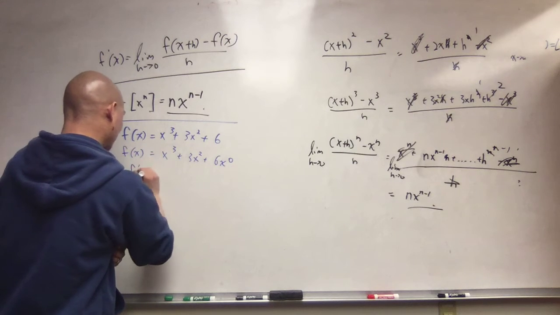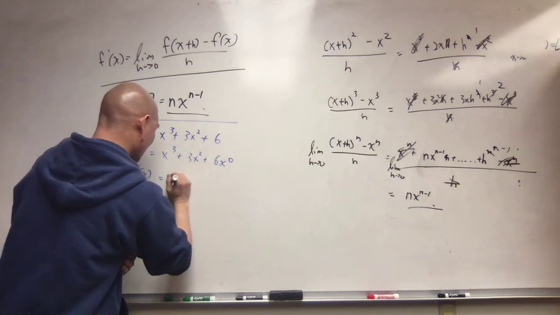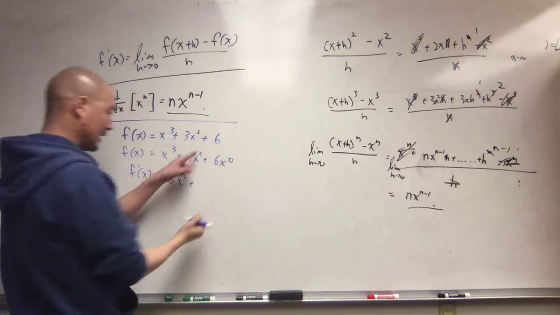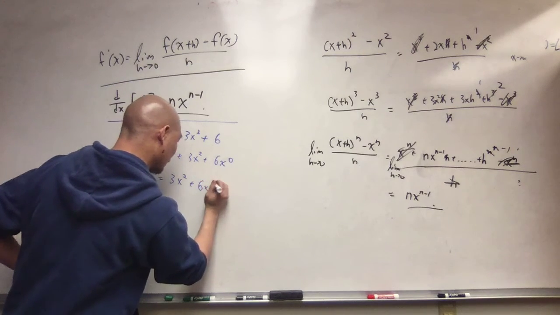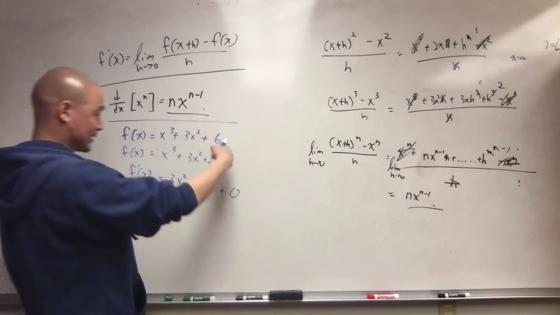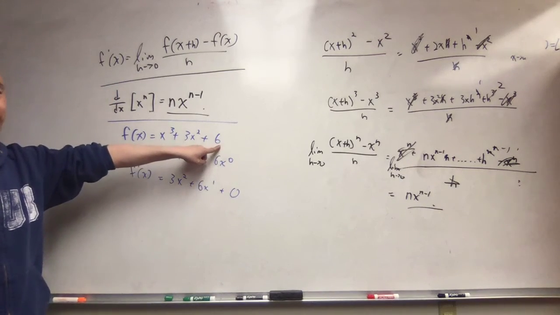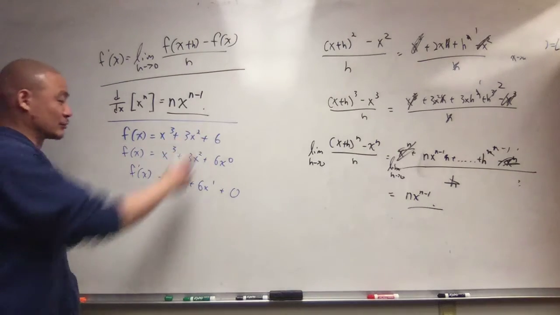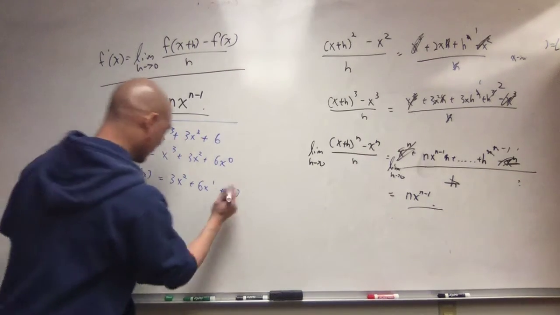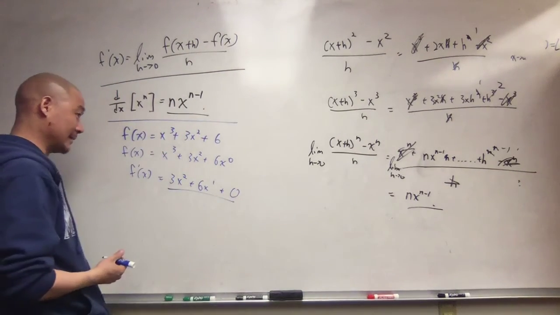And so f prime of x will just be 3x squared plus 6x to the 1 plus 0, because the 0 comes down and kills the 6. Plus 6 is a constant function, and so its derivative is always 0, and that's what I get.